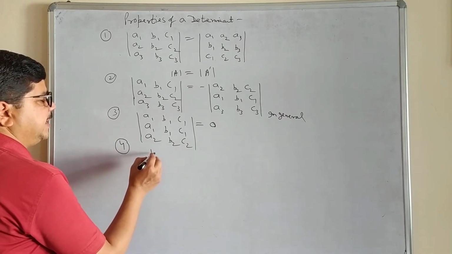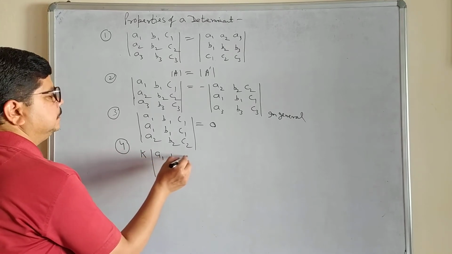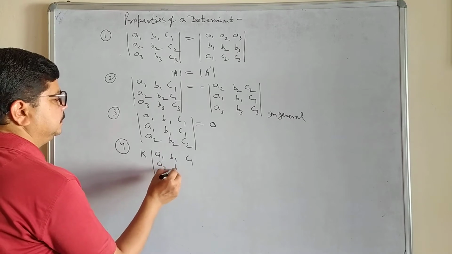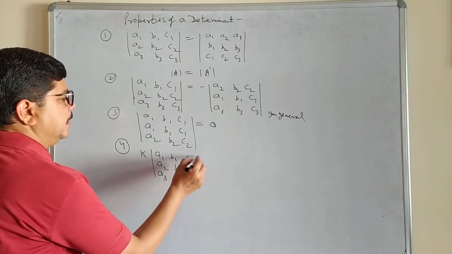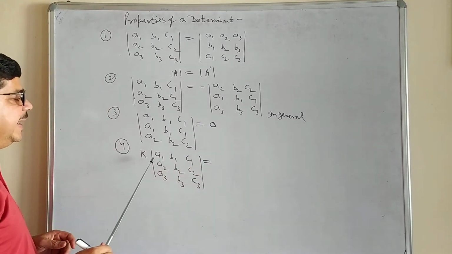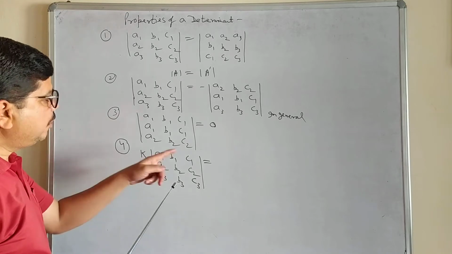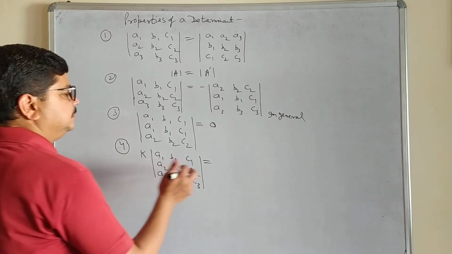If you multiply a determinant by a constant, then each element of any one row or column will be multiplied by that constant.